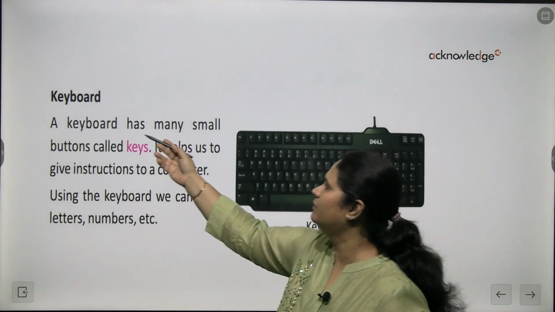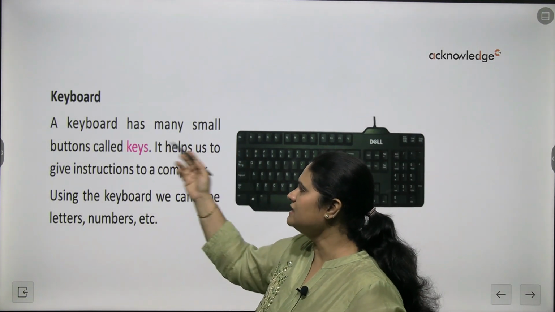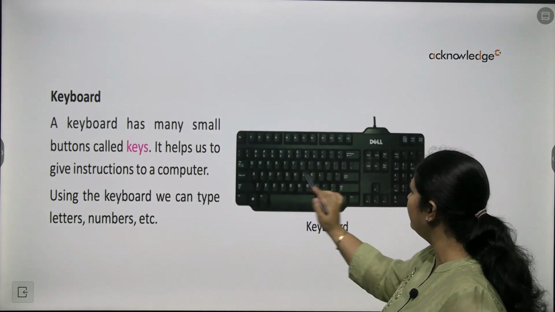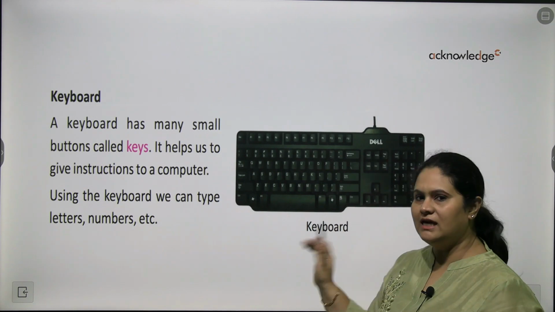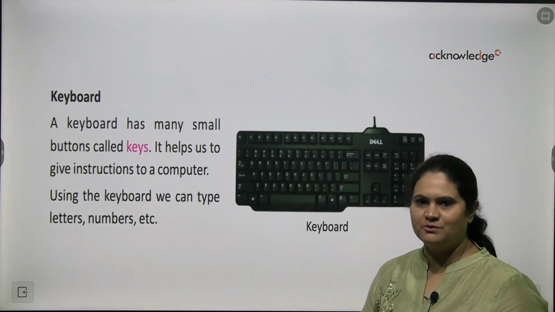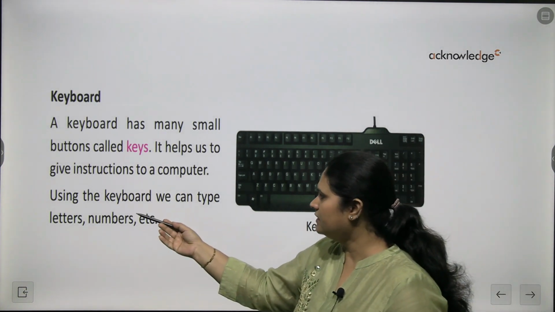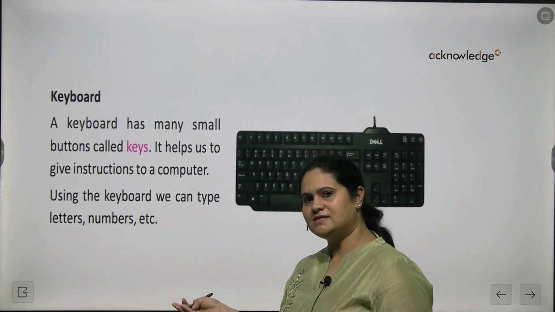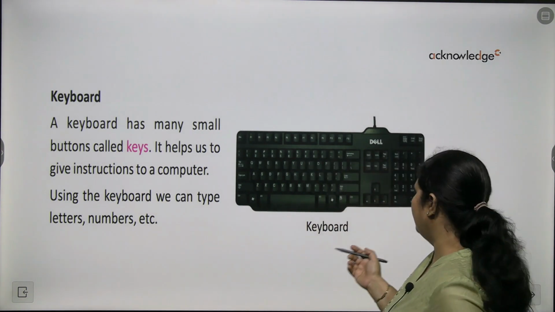Correct? So a keyboard has many small buttons called keys. These small buttons that you see here, these are all keys. It helps us to give instructions to a computer, right? So using the keyboard, we can type letters, numbers and so many other things.